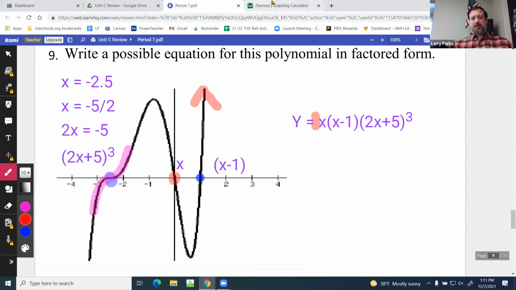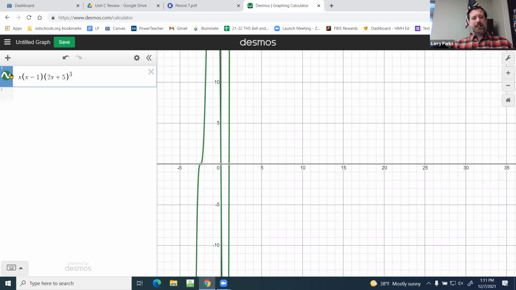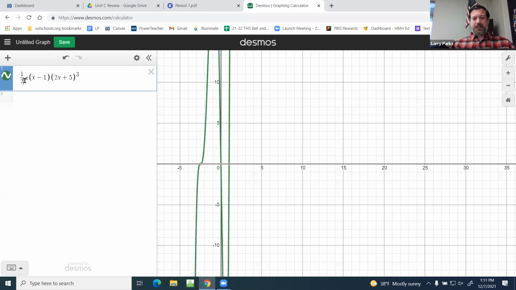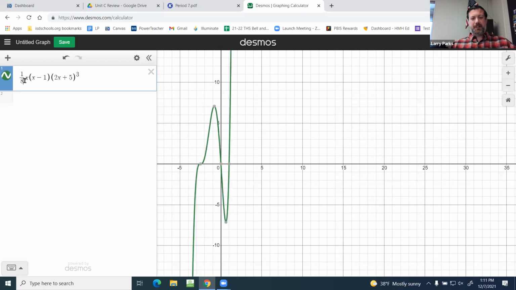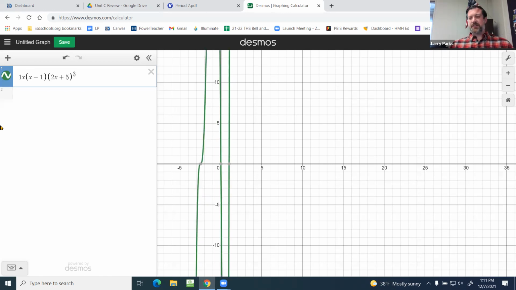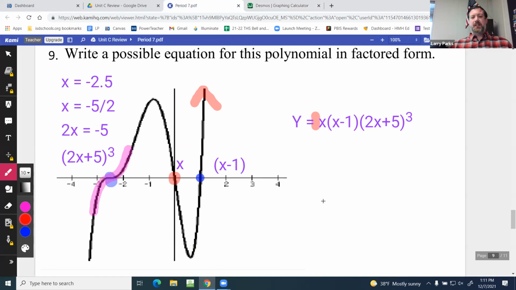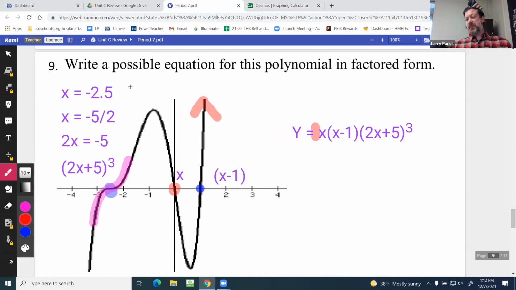We don't know what this is, but if I wanted to bring in the x, the min and the max, I can maybe put like a 1/2 here, or maybe a 1/8. See how that brings the vertex down and up a little bit. But I'm not too worried about the stretch and compress factor, so we'll just leave that off, and this is good enough.